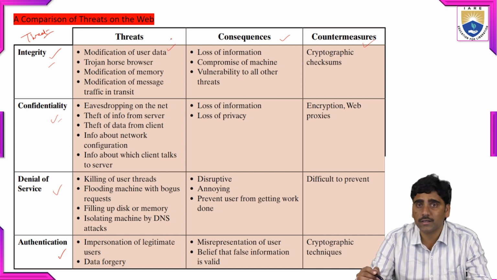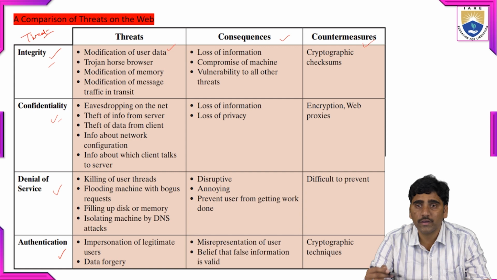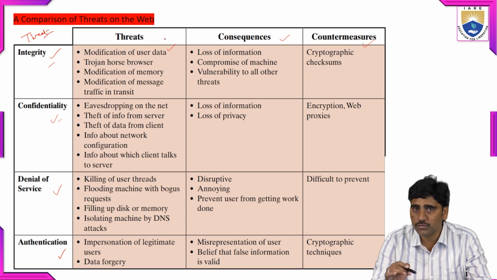Integrity threat occurs by modifying the user's data. So the user is going to lose their data, and it gives a chance to modify his own content to other users.